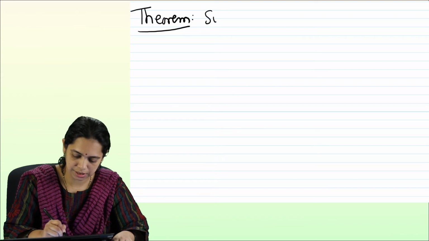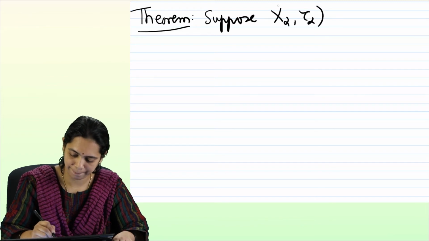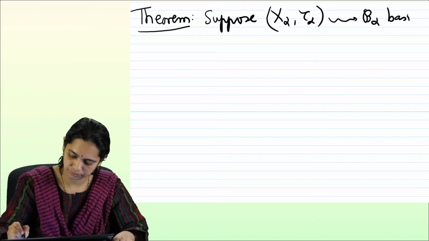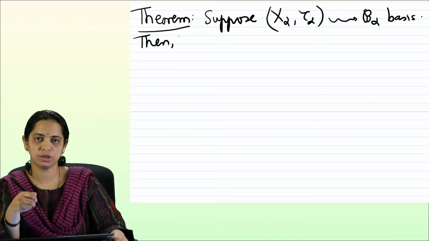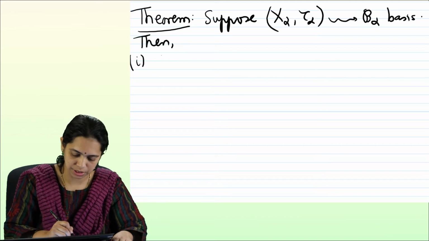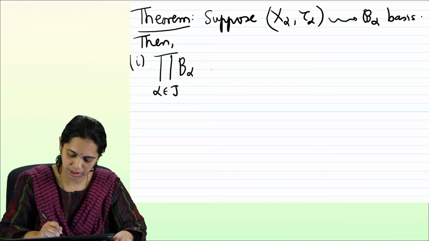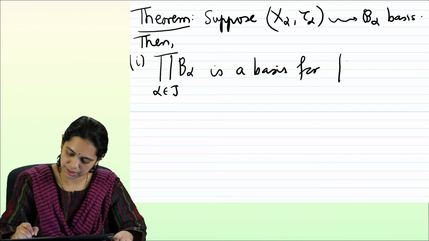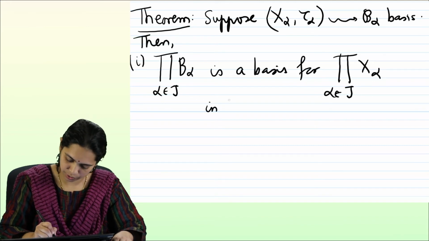Suppose each topological space (X alpha, tau alpha) has basis B alpha. Then we can actually extract a basis for the product of X alpha out of this, in the box as well as product topologies. So, the product of B alpha as alpha varies over J is a basis for the product of X alpha as alpha varies over J in the box topology.